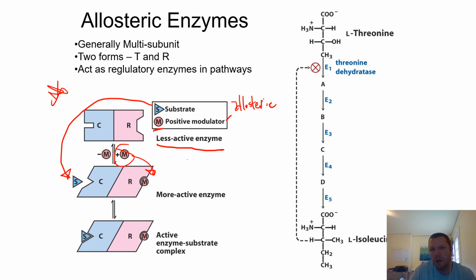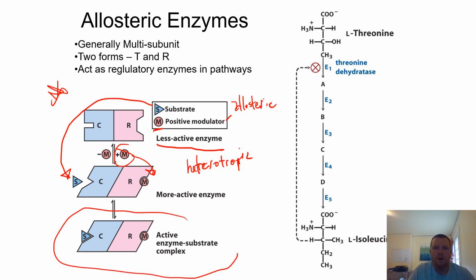So this is displaying a heterotropic effect because of the fact that the molecule that binds is different from our native substrate. So then we've got our model right here where we have our enzyme that has bound its positive modulator, its positive allosteric effector, and its actual substrate.